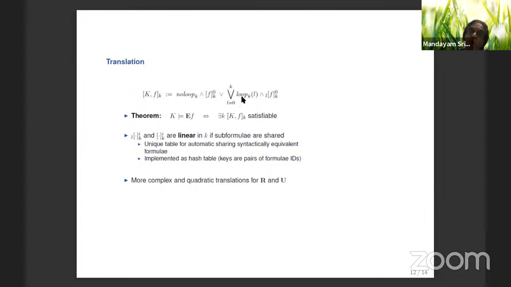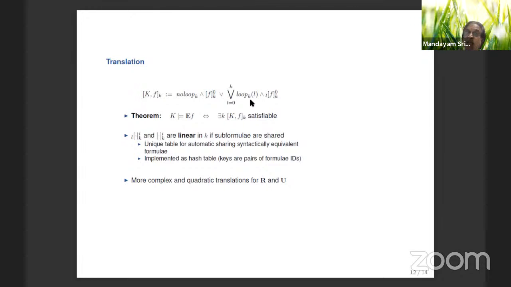From K to 1, there could be several lassos that are possible within that K-long path, as we saw. So you're generating one translation for each of the lassoing cases.